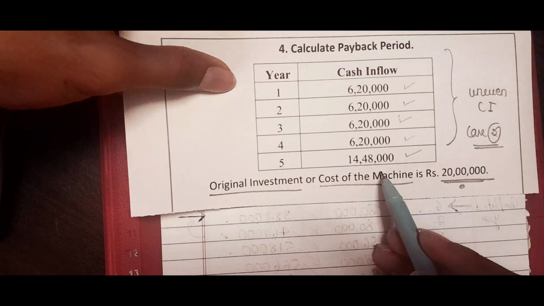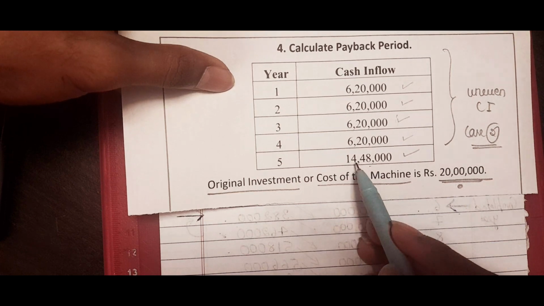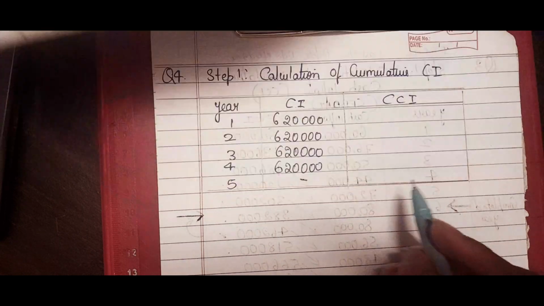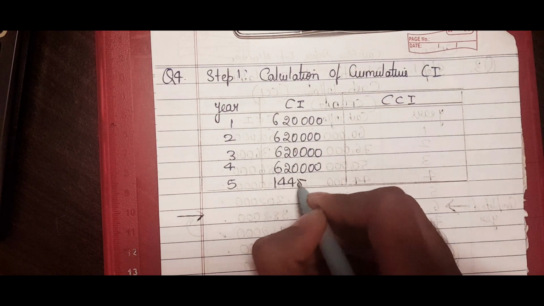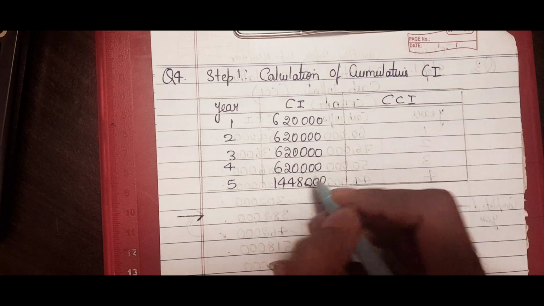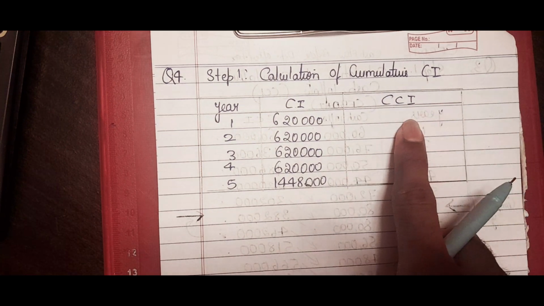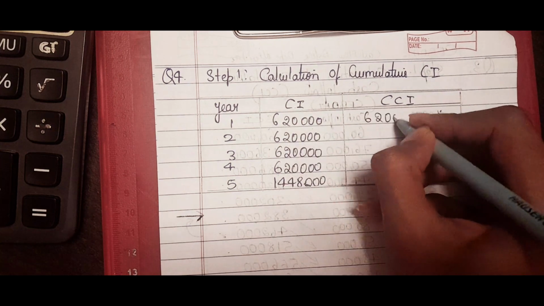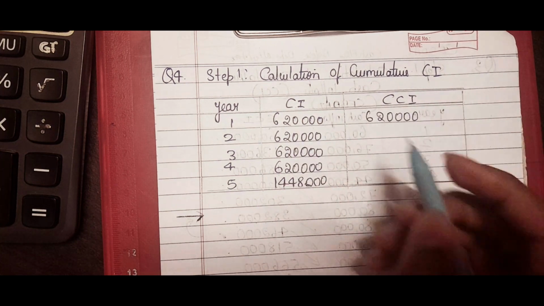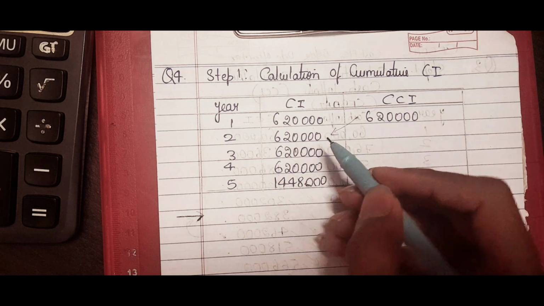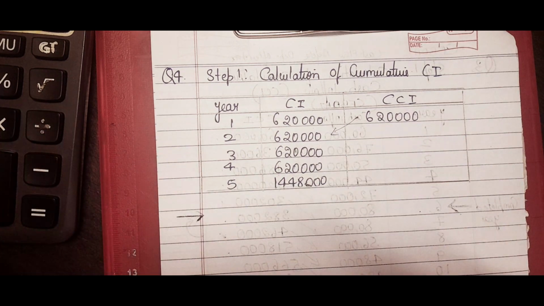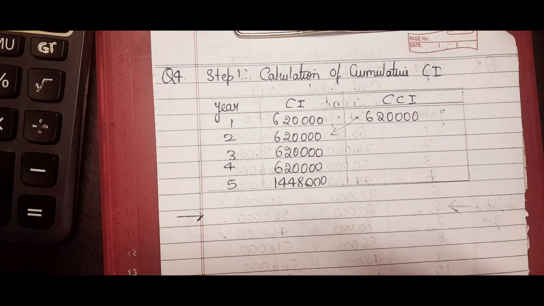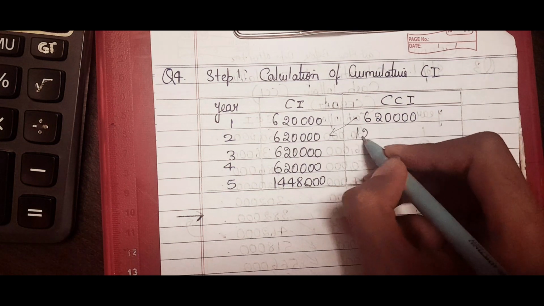Next, fifth year, if you observe here, it is 14,48,000. Now let us try to find out the cumulative cash inflow. First year, you write as it is, 6,20,000. Now for this you add next year's cash inflow, that is 6,20,000. So 6,20,000 plus 6,20,000 will be 12,40,000.